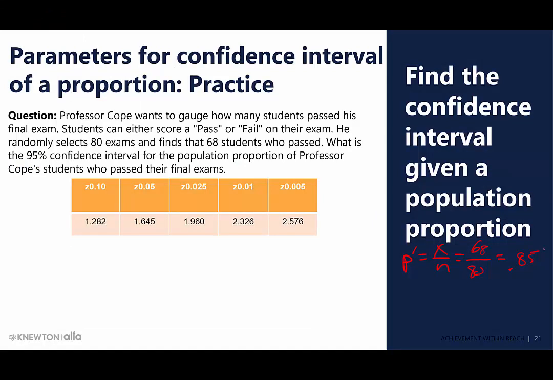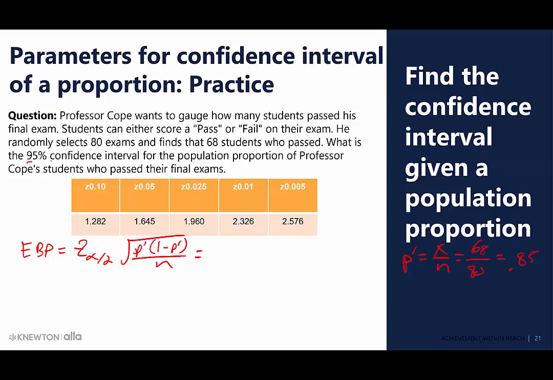All right. So now that we know P prime, now we can find the margin of error, which is the error bound proportion, which is z alpha over 2 times the square root of P prime times 1 minus P prime over n. Here we go. What's our z-score?